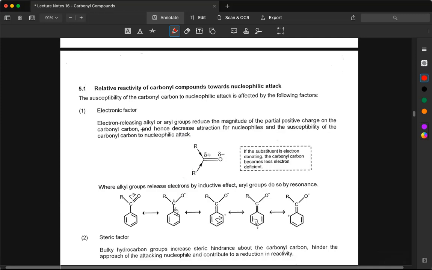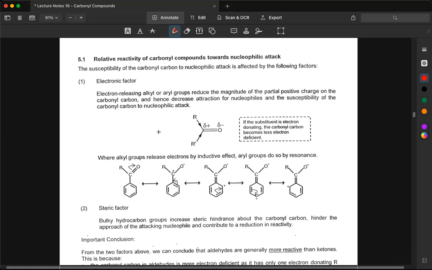The susceptibility of the carbonyl carbon to nucleophilic attack is affected by these factors. Electronic factor: the electron releasing alkyl groups or the aryl group reduce the magnitude of the partial positive charge on the carbonyl carbon, and decrease attraction for the nucleophile and susceptibility of the carbonyl carbon to nucleophilic attack.